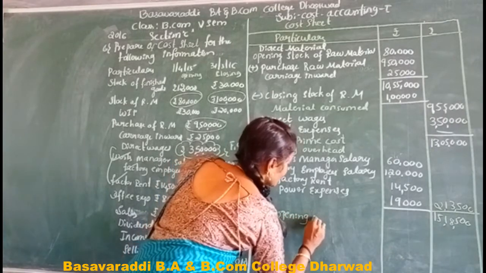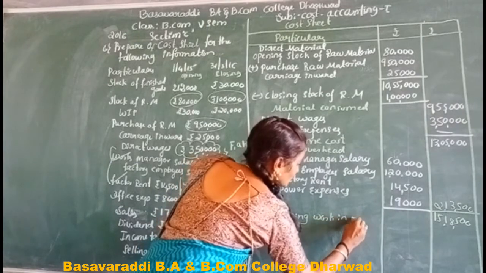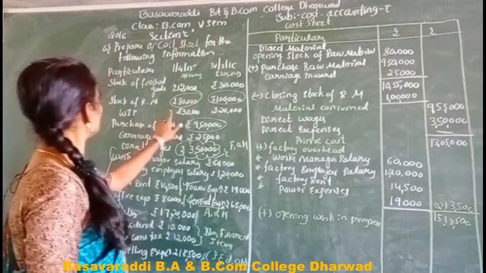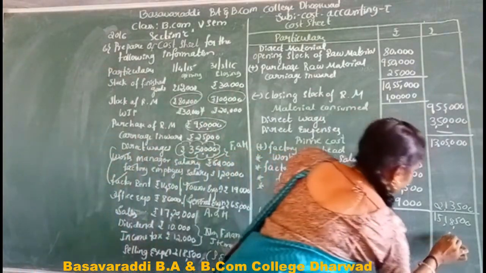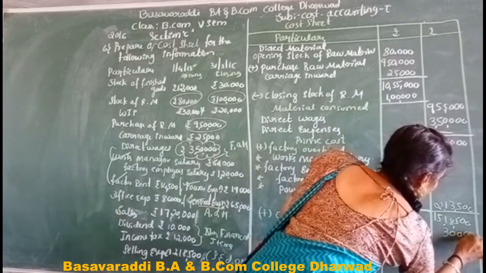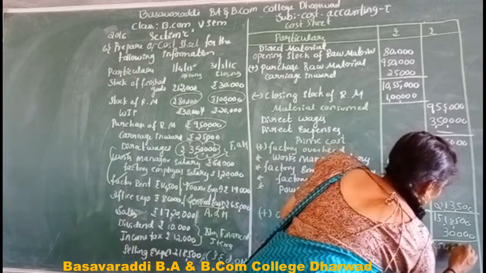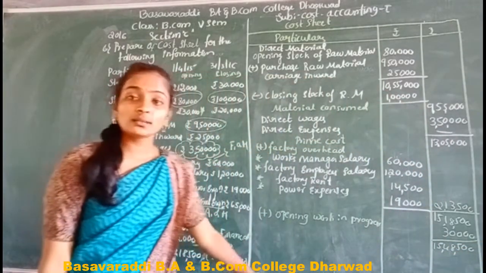In that, add opening work in progress. How much opening work in progress? 30,000. That gives 15,48,500.